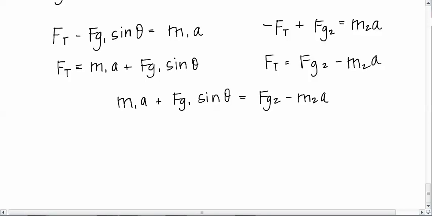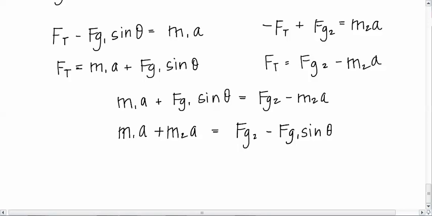So let's isolate A. Actually, I'm going to add this time, so I don't have negative signs. I'm going to add M2A to both sides, and subtract Fg1 sine theta from both sides.